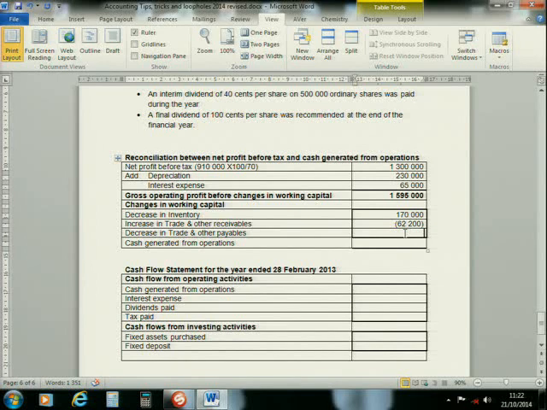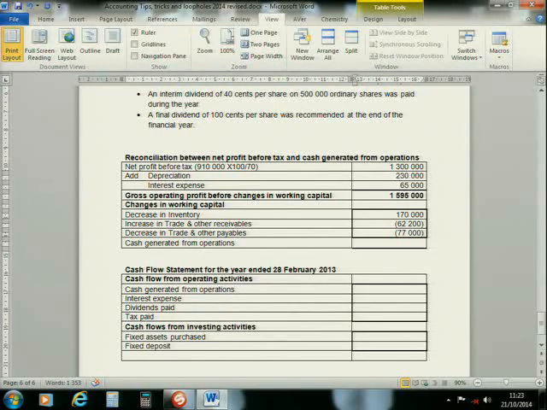A decrease in liabilities, whether non-current or current, means a decrease in cash. Cash and liabilities are positively related, for they move in the same direction. So you'll put the 77,000 in brackets.